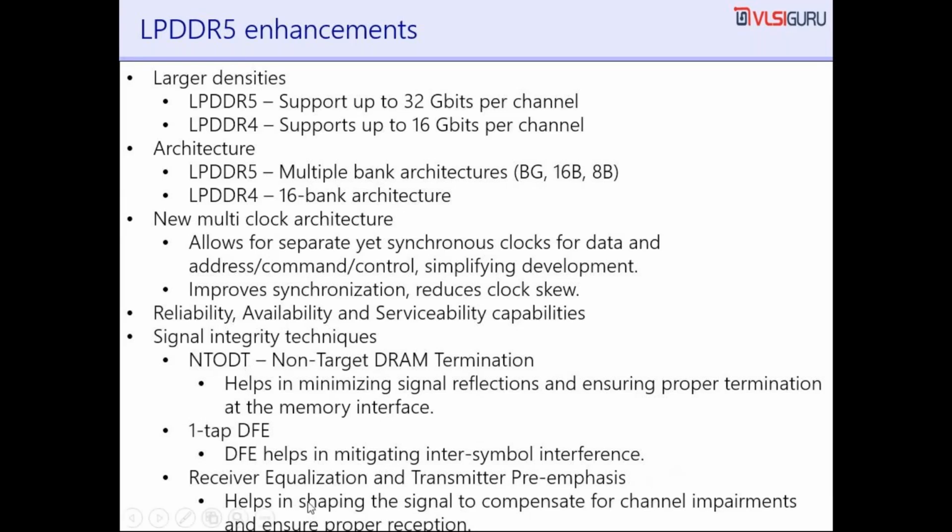So basically equalization is a concept where the transmitter will use some parameters for how the signal should be transmitted, because whatever we are sending, even though we are sending ones and zeros, finally we are sending it as an analog signal, right? So how the analog signal should be sent, what the pre-emphasis level should be, what this value should be, what this value should be.